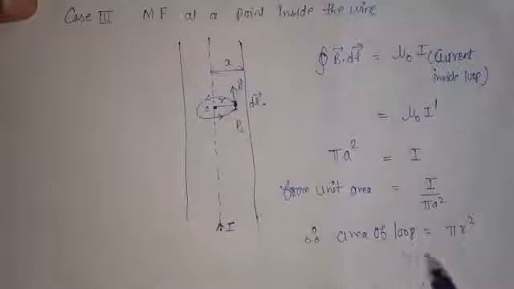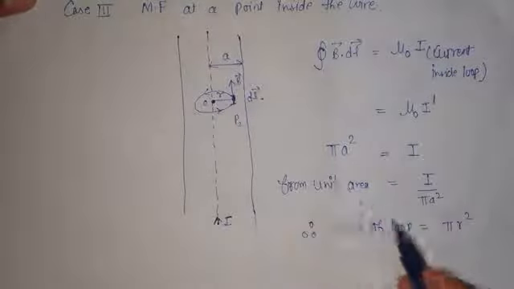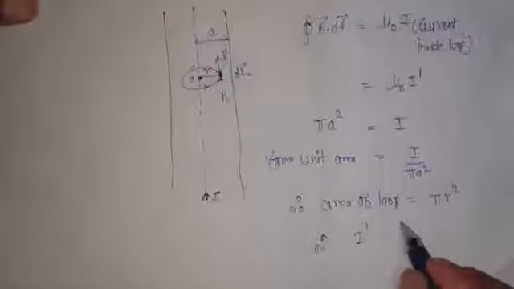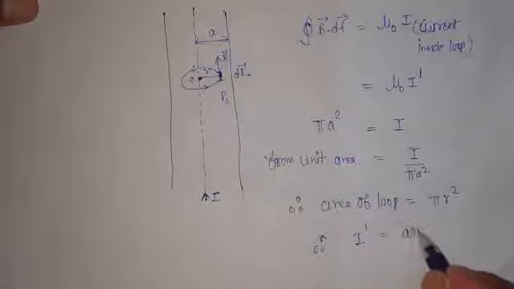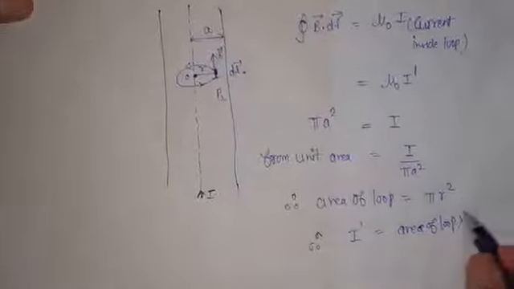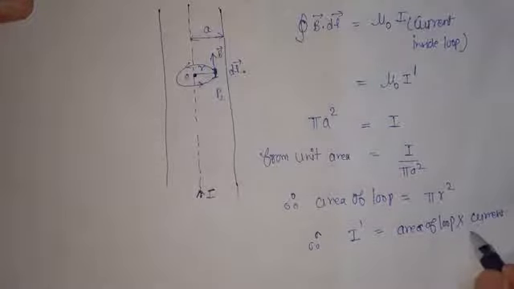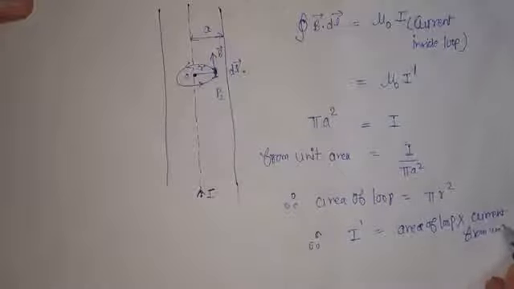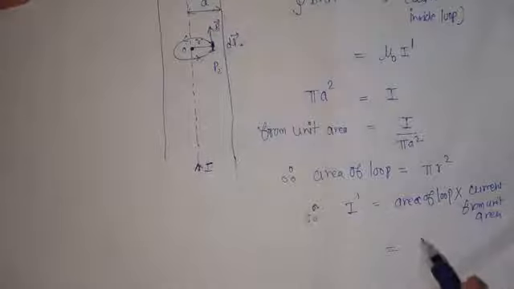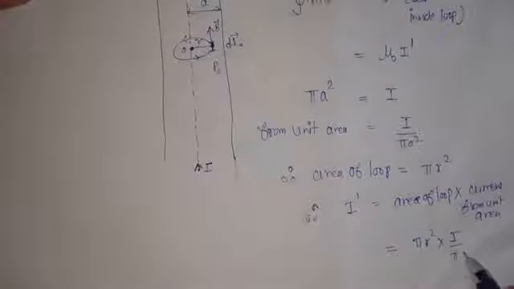Then how much is the current from this area? So that will be I dash. Okay, therefore I dash is equal to the area of the loop into this current from unit area, and this is equal to the area of the loop, pi r square, into I by pi a square.